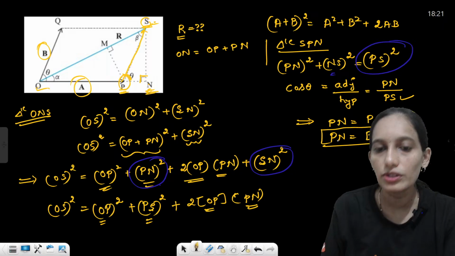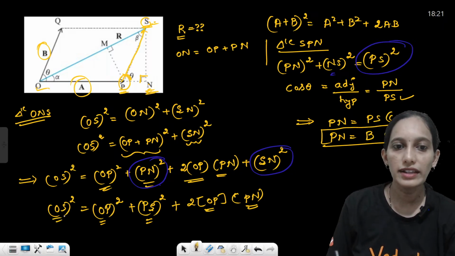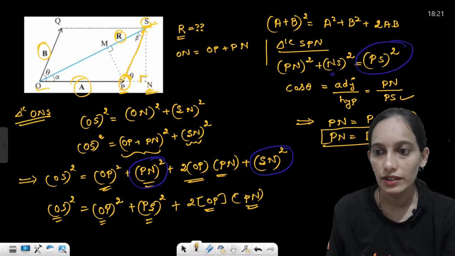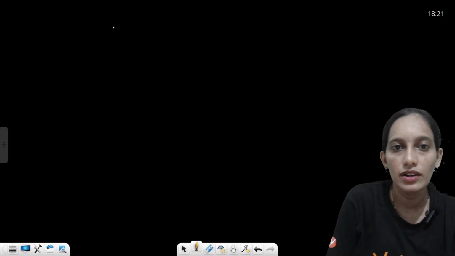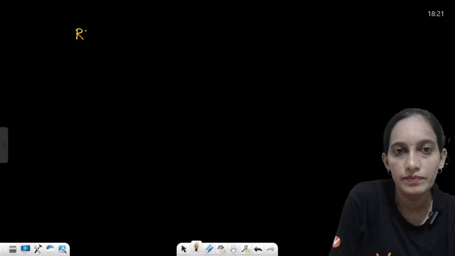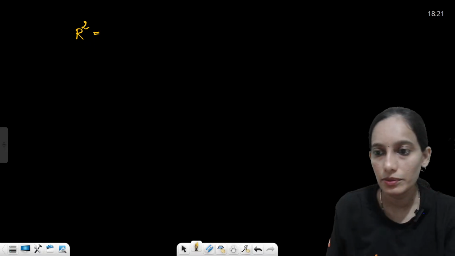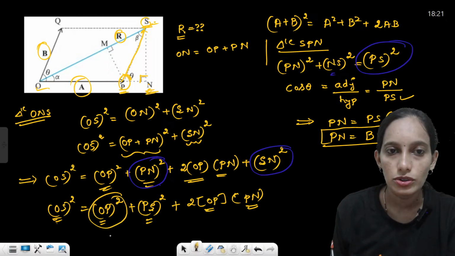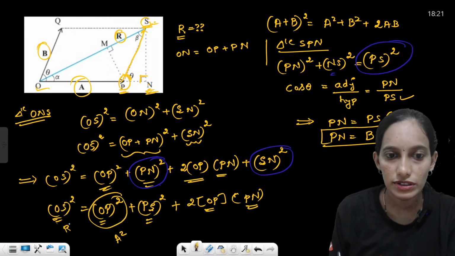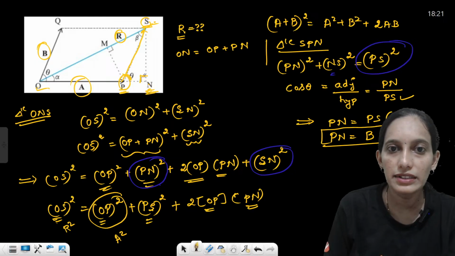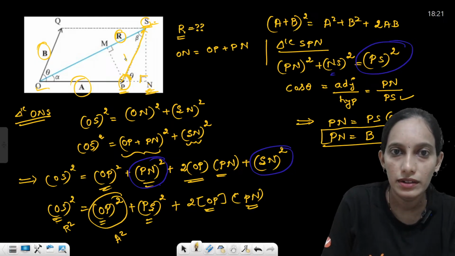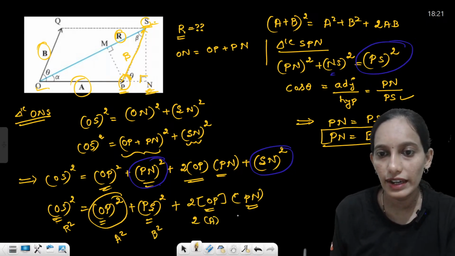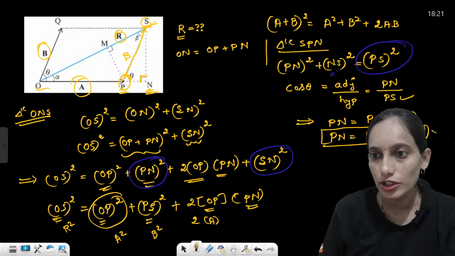Now let's substitute everything together. OS is nothing but our resultant vector, so OS square is R square. OP square is A square, and PS is nothing but B, so B square, plus 2 times A into PN, where I can substitute B cos theta.